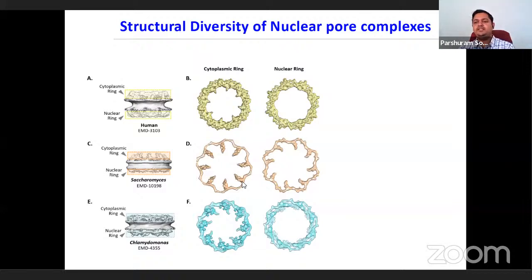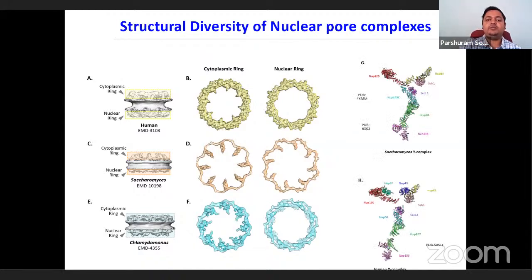And you can visibly see that these complexes have a really distinct organization. And these organizational differences are what people have started to talk about nowadays.